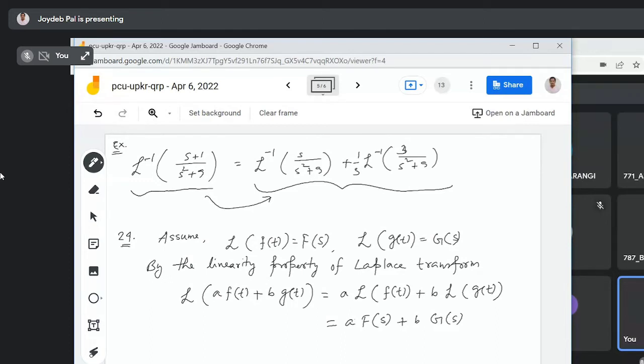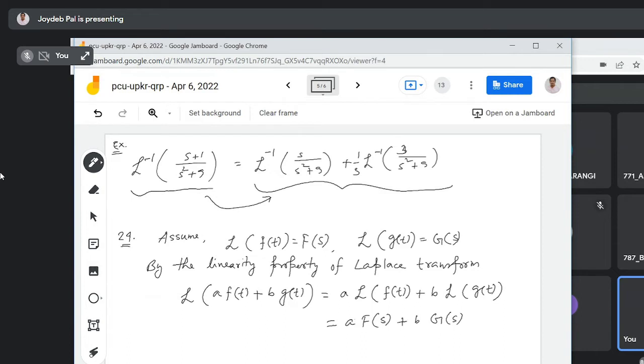देखो एक्चुअली ये जो लाइन है लिनियरिटी प्रॉपर्टी, इस लाइन से इसका अगर इनवर्स फॉर्म लिखेंगे तो क्या होगा? नॉर्मली L of f(t) is equal to F(s) लिखते हैं, तो L inverse of F(s) is equal to f(t) लिखते हैं ना.